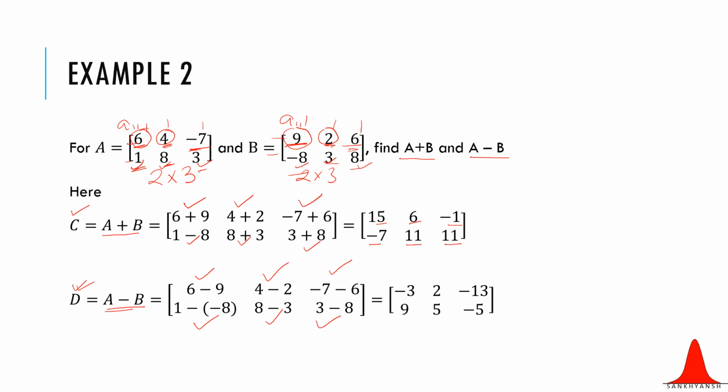So we've got 6 minus 9 as minus 3, 4 minus 2 as 2, minus 7 minus 6 as minus 13, 1 minus minus 8 becomes 1 plus 8, so we've got 9, 8 minus 3 is 5, and 3 minus 8 is minus 5. So this is very easy. We've checked how we add and subtract two matrices. It's very important to check whether the orders of both the matrices are the same or not.